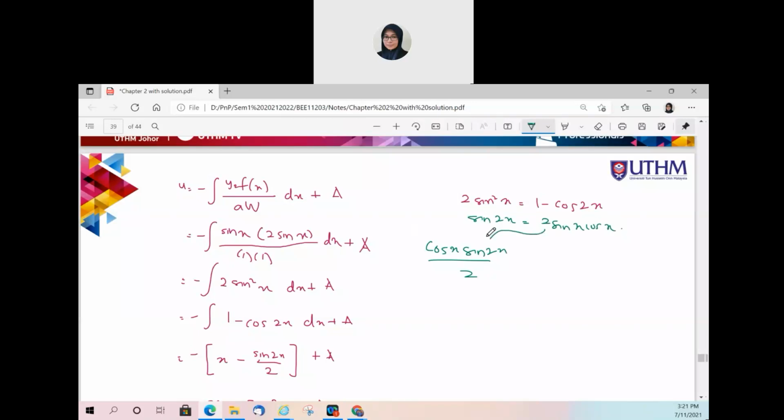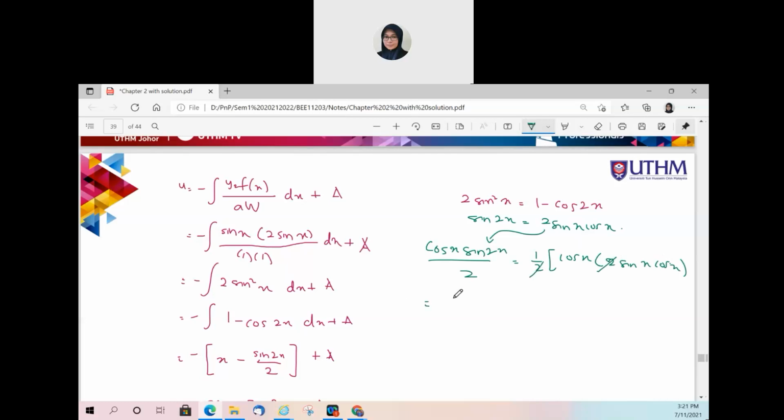Okay, we put it into this formula. Then our equation will be half, cos x, sin 2x, which will be 2 sin x cos x. So these two and these two cancel.